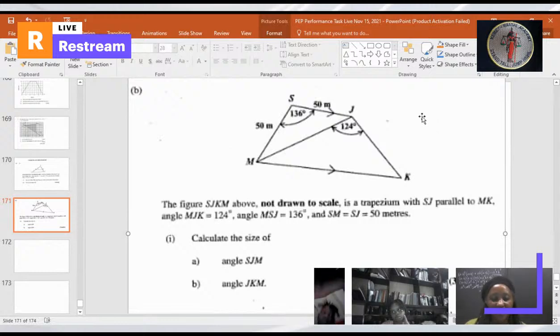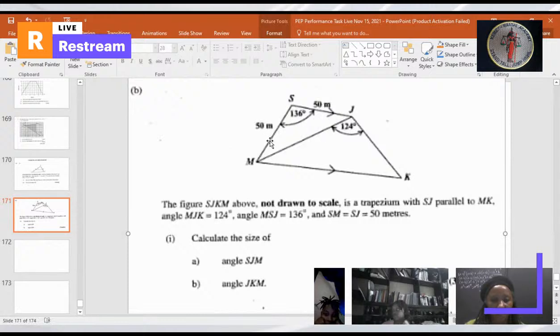So how are we going to find this angle here, from S to J to M, this one? What kind of triangle did we say this is? Isosceles. All right, so it's isosceles, so these two sides are equal, which means these two angles are equal.